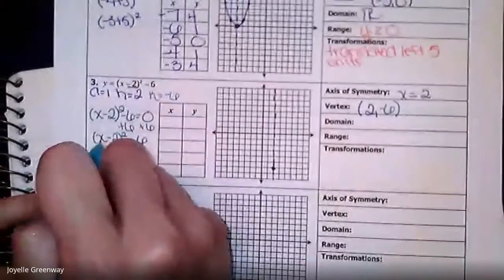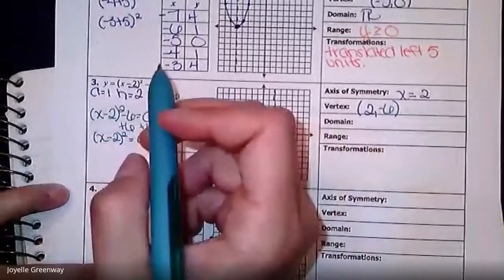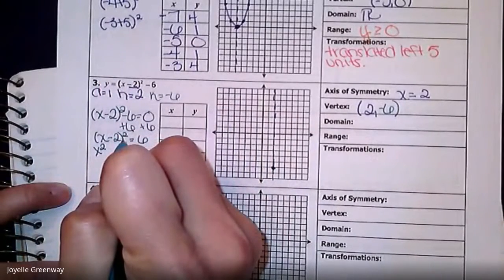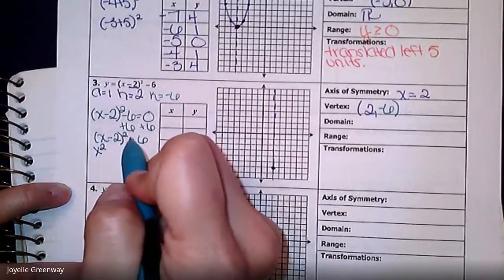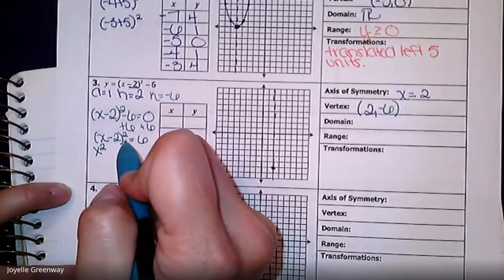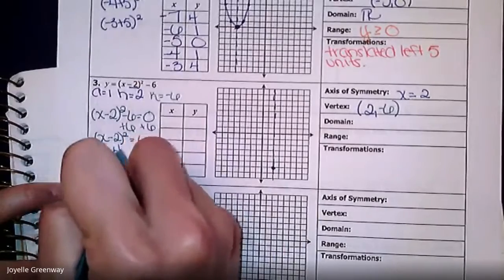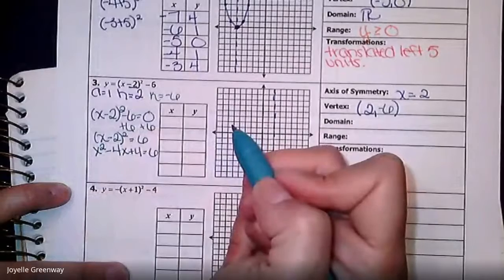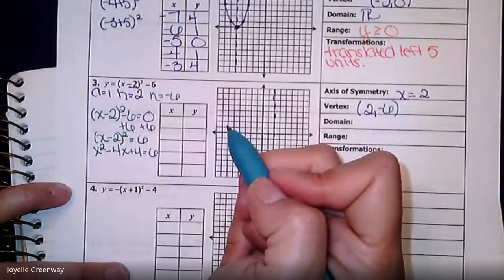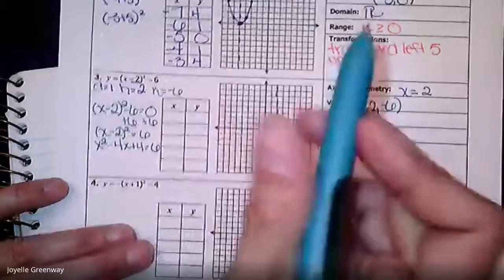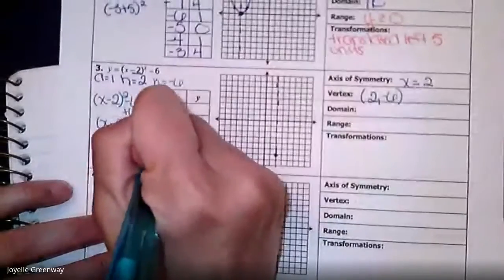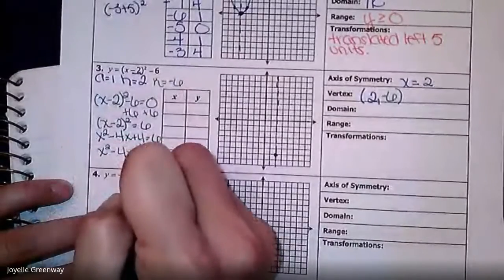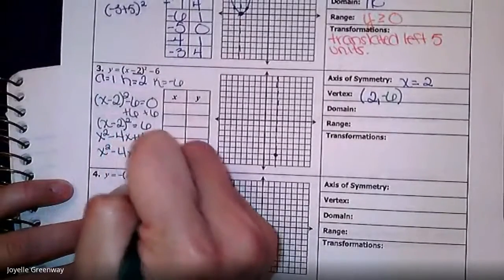So if I were to expand out that x minus 2, I'd get x squared minus 4x plus 4 equals 6. I don't know what I was thinking. I don't know why I moved the 6 over. So then I have x squared minus 4x minus 2 equals 0.